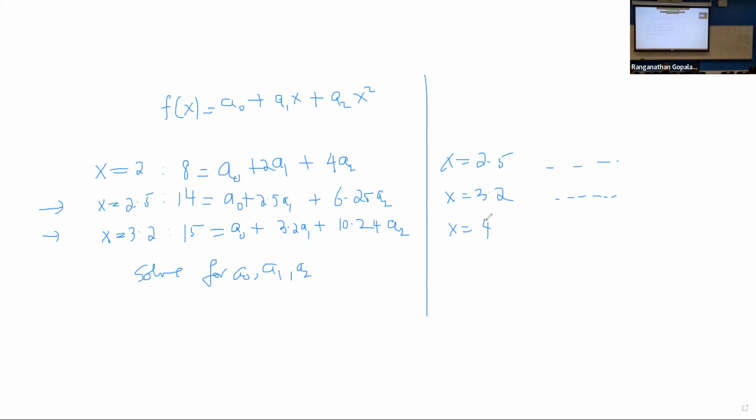Yeah, 8 equals a0 plus 4 a1 plus 16 a2. Only caution is these a0, a1, a2 values are specific to stencil 1 and these values are specific to stencil 2.